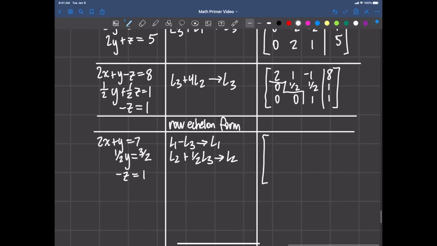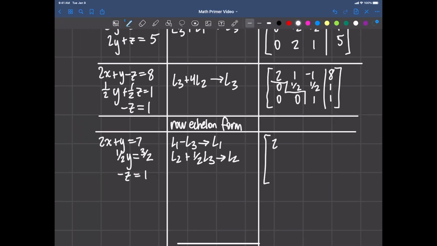The matrix then becomes 2, 1, 0, 0, 1/2, 0, and 0, 0, negative 1. And this side becomes 7, 3 over 2, and 1.